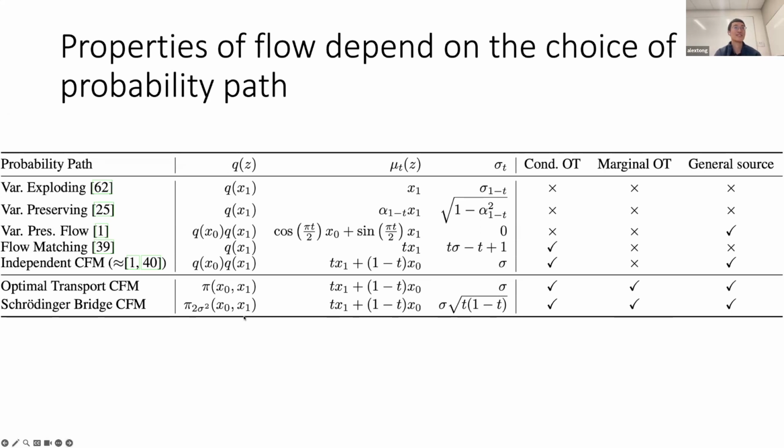But basically, you can choose many different things for q(z) depending on what you're trying to do, and this will give you different properties. I'll explain flow matching first, and then how you get to independent and optimal transport. And so we'll get an understanding of the different choices of q(z) and what they give you.